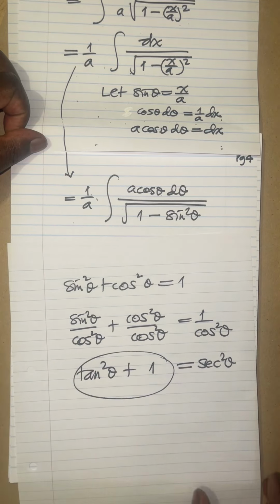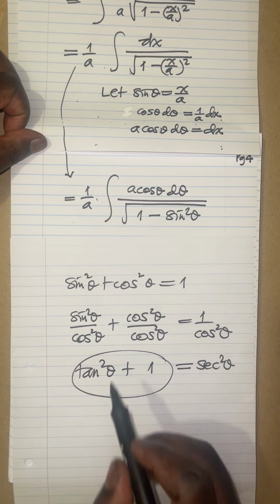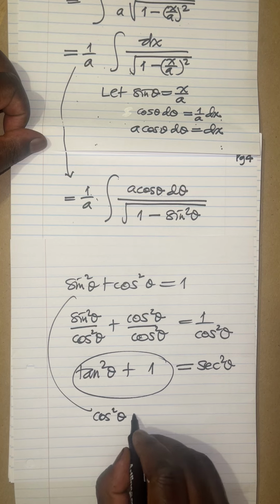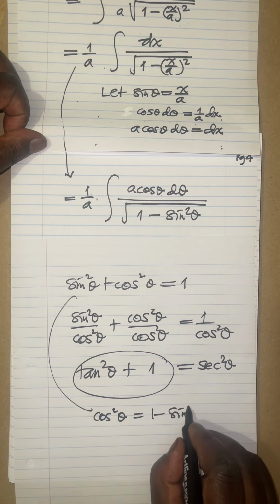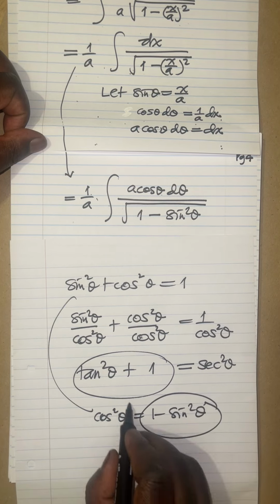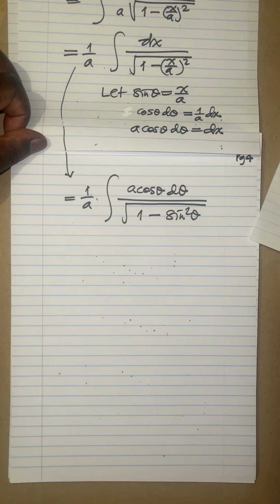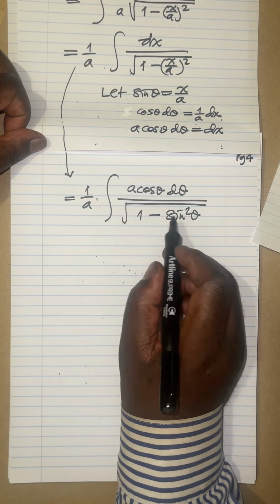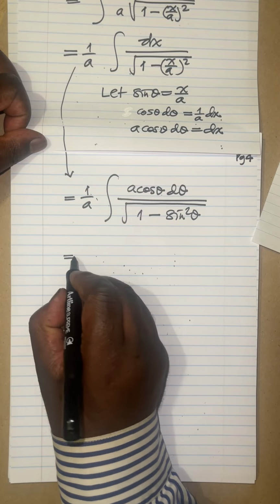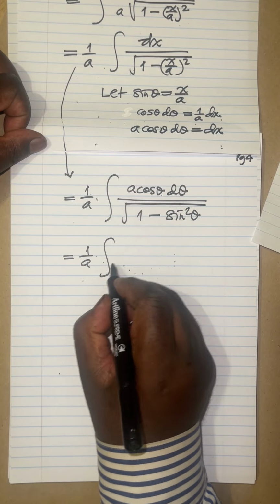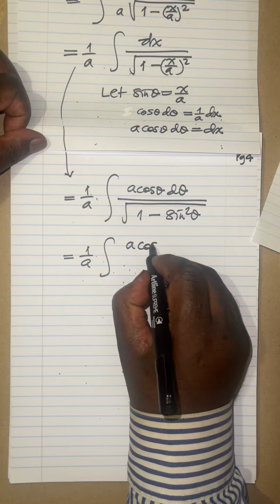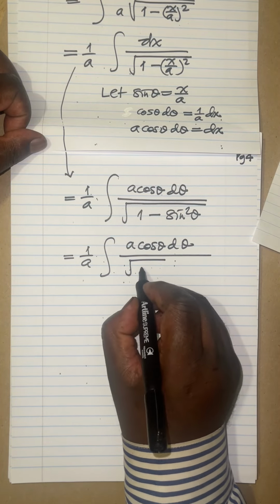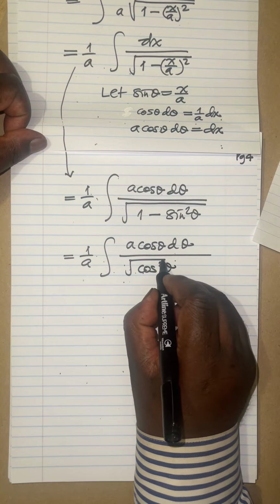If you solve for cos squared theta here, you'll agree with me that cos squared theta equals 1 minus sine squared theta. So in the place of this, we must put cos squared theta. So then, in the whole denominator, under the square root sign, I'm going to put cos squared theta. So this is going to be 1 over a, the integral of a cos theta d theta all over the square root of cos squared theta.